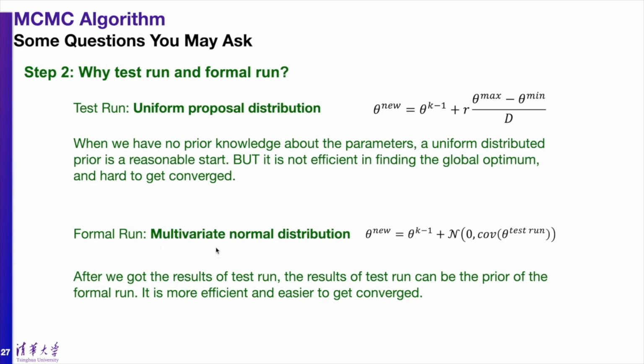And in the formal run, we will also change the proposal distribution to the multivariate normal distribution. With such assumptions, the process can be more efficient, and the final results can be more robust.